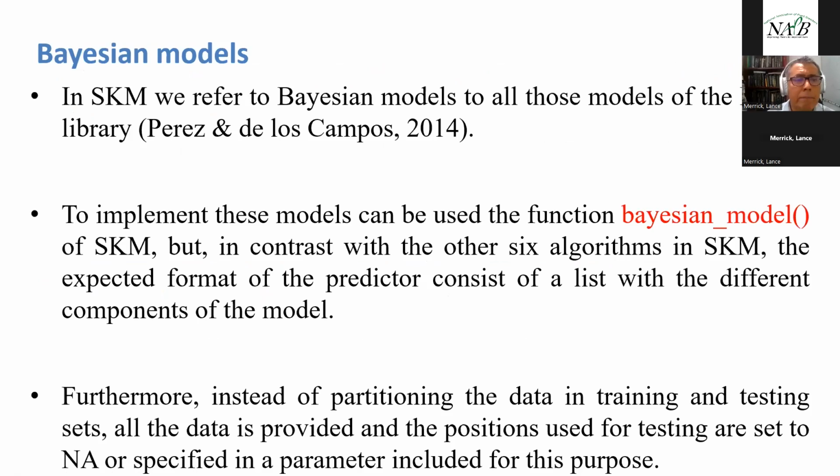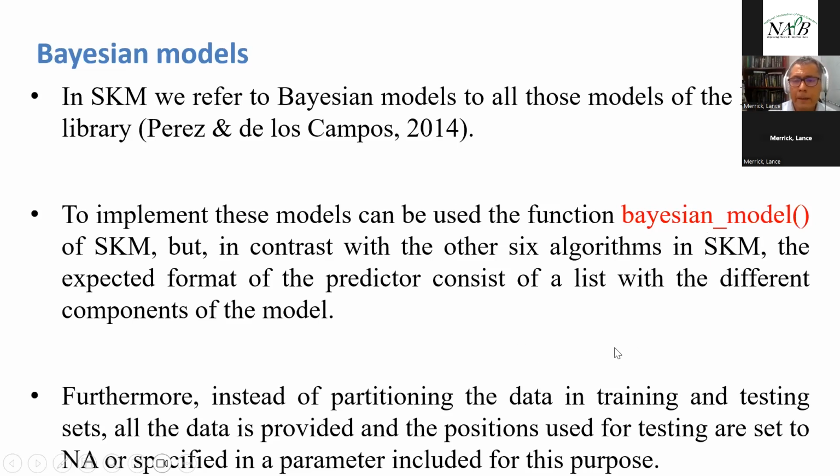In SKM, we refer to Bayesian models as all those models that are in the BGLR library. This means that here in the SKM library, we will call the BGLR function for implementing the multi-trait and unitrait models. The implementation of the unitrait or multi-trait models can be done using the Bayesian model function. With this function, we can implement the Bayesian model in SKM.